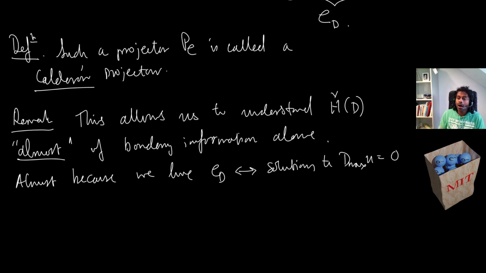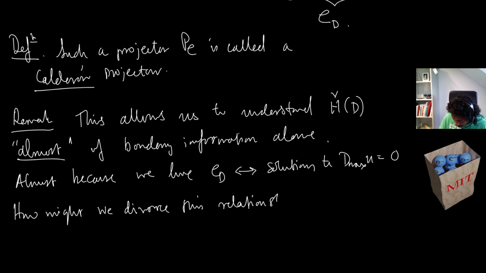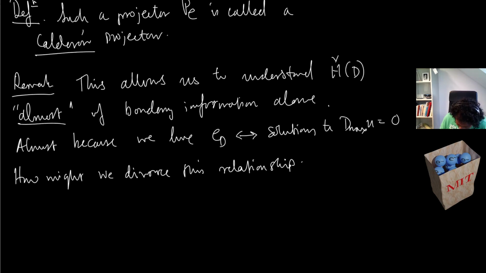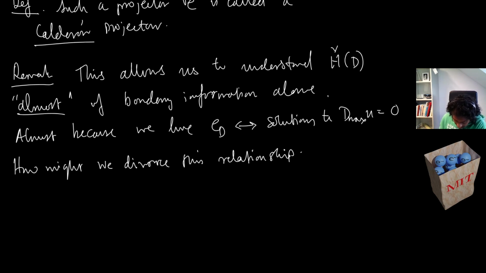So how might we divorce this relationship? One way we could imagine doing this is to try and look at a canonical operator. Remember, the collar neighborhood theorem gives us a cylinder.